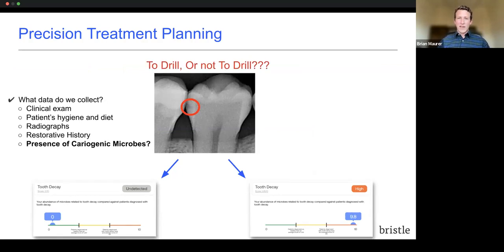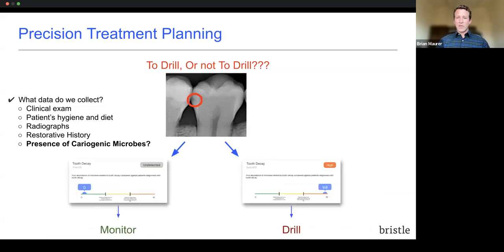So now you can start to factor the presence of these bacteria into your decision-making and into that type of data you're collecting, where perhaps for the patient on the right, we're going to go ahead and drill because the lesion has a high risk of progressing in the next 6 to 12 months, versus the patient on the left, perhaps that's something we're just going to monitor because we believe there's a lower risk of that lesion progressing.